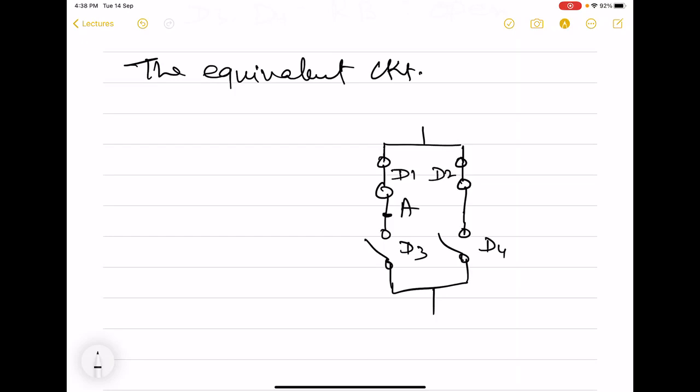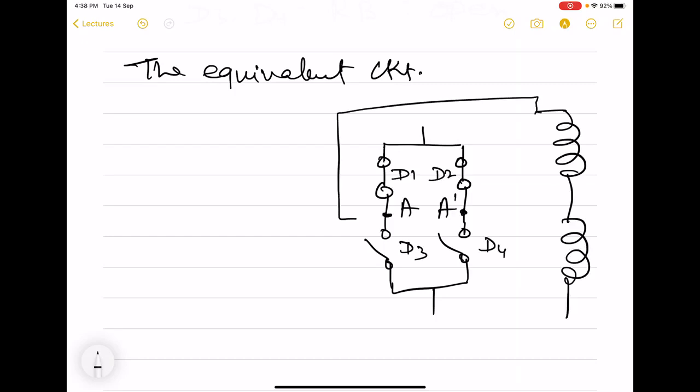And this is node A, this is node A dash, and this is center C dash, which is grounded.